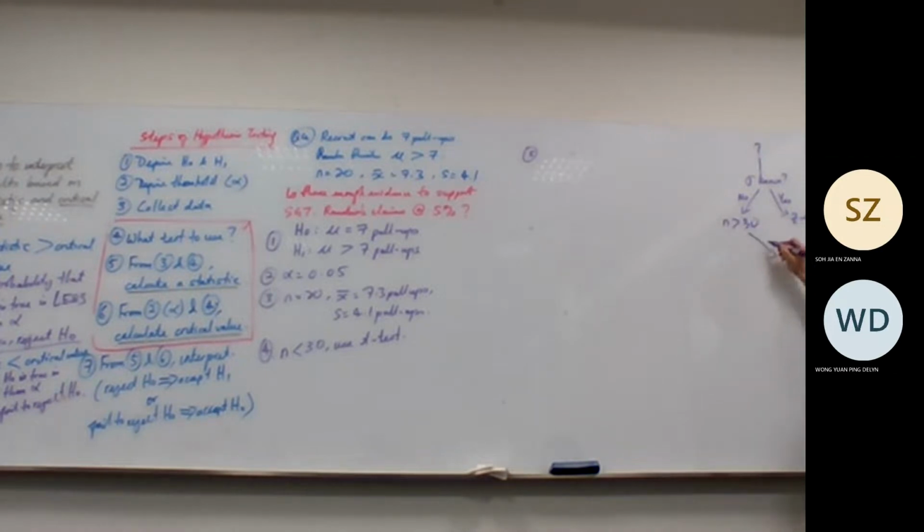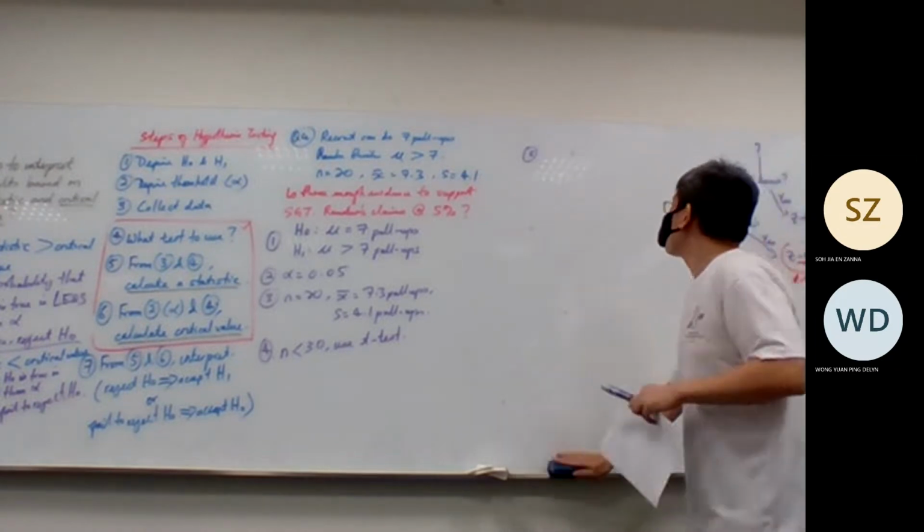If sample size is more than 30, you can use Z-test. Otherwise, you use T-test. This is the kind of decision tree you have. The only subjectivity is that some people, including myself, I will still use T-test for this, just to be on the safer side. Okay, but as far as this module is concerned, use this test. Okay, so we're up to here.